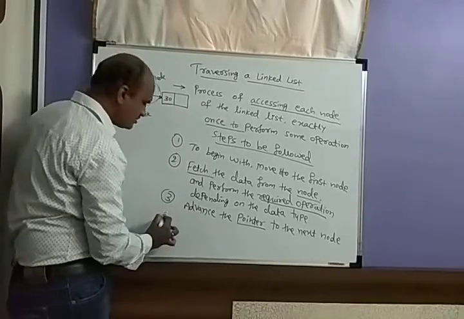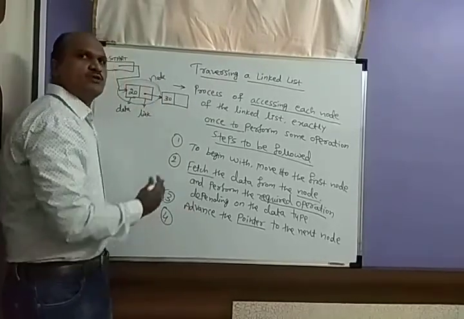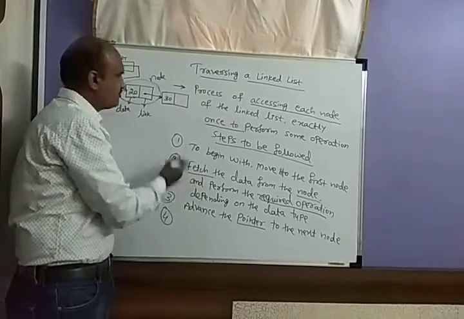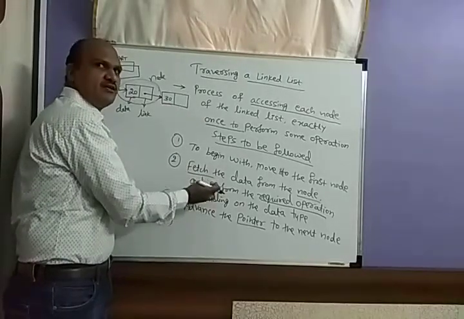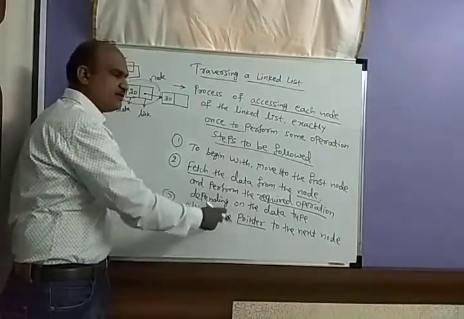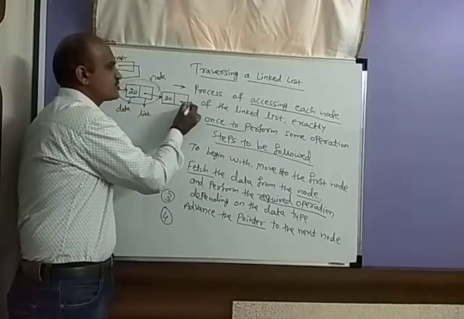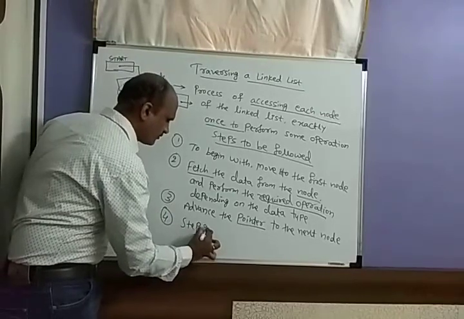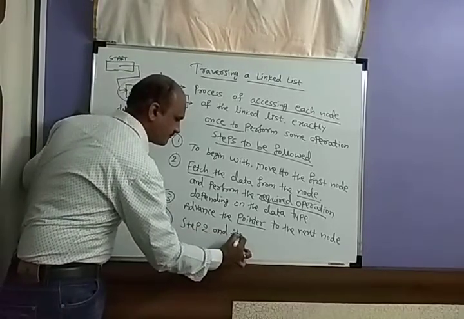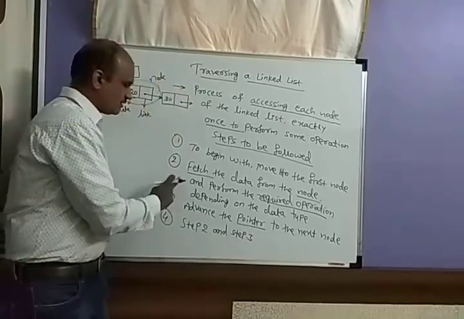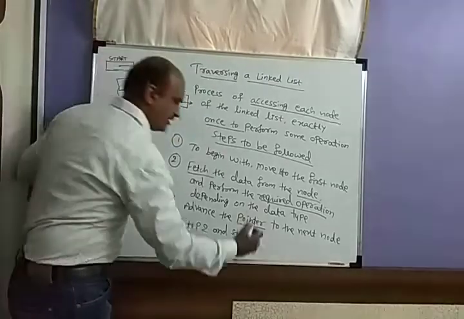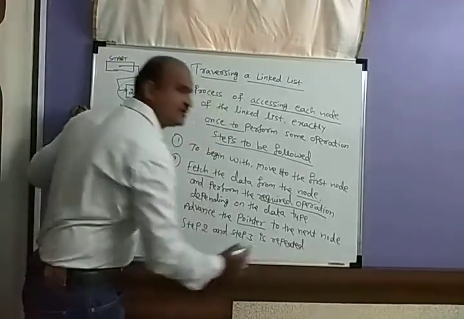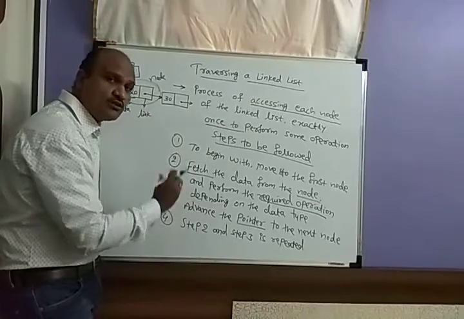Next, the fourth one: what you have to do? Step 2 and step 3 are repeated, because again we fetch the data, again it will be the next node, and again the pointer goes to the next node. Step 2 and step 3 are repeated until all the nodes are visited.